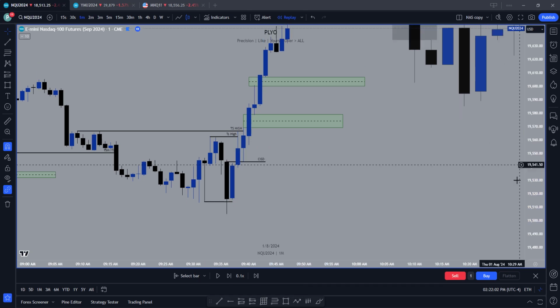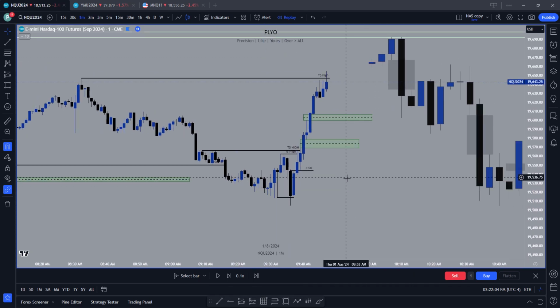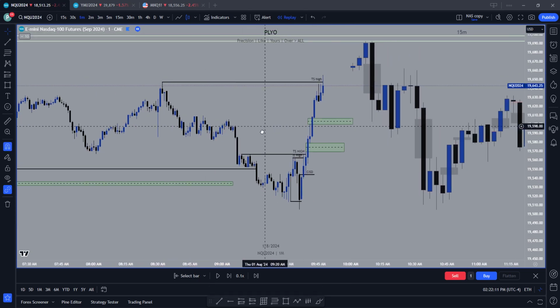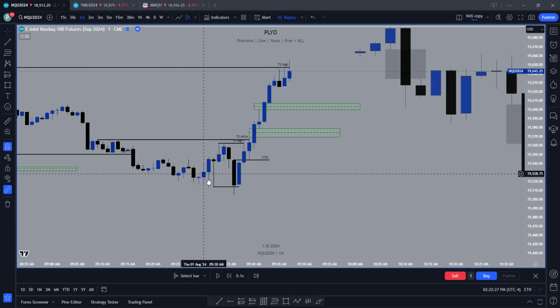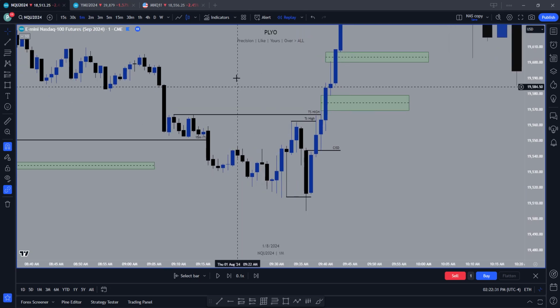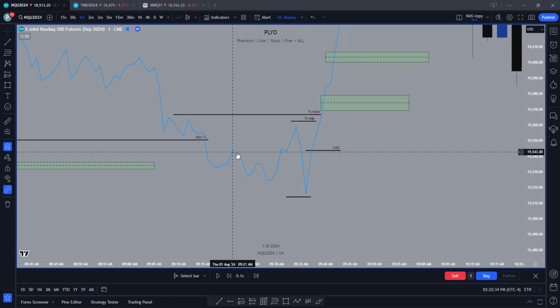So this is a little bit more of a complex example. You could easily target a higher time frame draw on liquidity, which would be buy side or another turtle soup high. The reason why this didn't work is because there really is no smart money reversal, right? If I go in the line chart, it almost looks like we do have a manipulation leg down, but we don't get that speed back up.